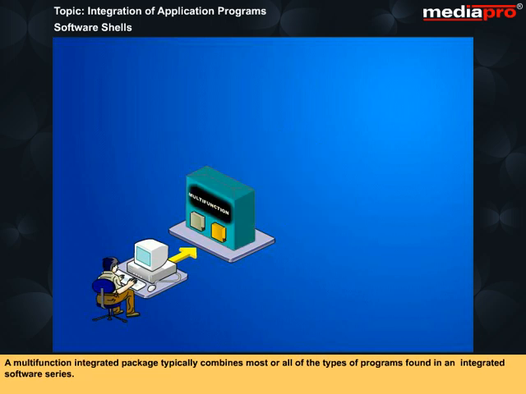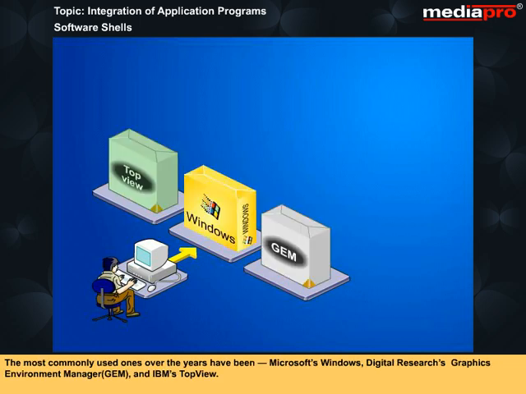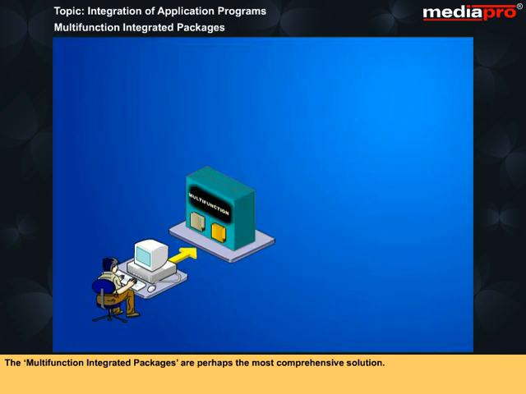A multifunction integrated package typically combines most or all of the types of programs found in an integrated software series. The most commonly used ones over the years have been Microsoft's Windows, Digital Research's Graphics Environment Manager or GEM, and IBM's TopView. The multifunction integrated packages are perhaps the most comprehensive solution.